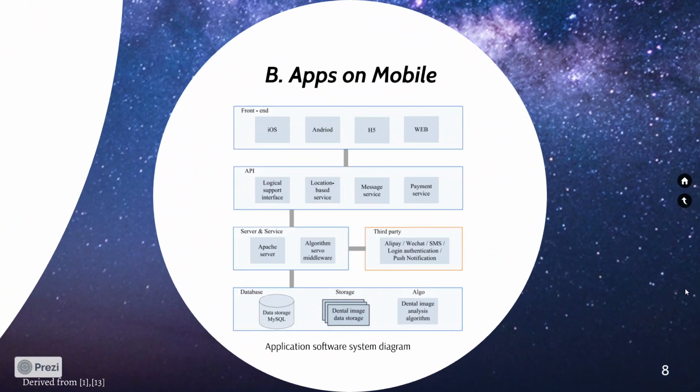Now for the apps on the mobile. As we can see in the flowchart again, there's a front end, there's an API, there's a server and service, there's a third party, there's the Alipay, WeChat, SMS login, and finally the database. So take a look at this flowchart.